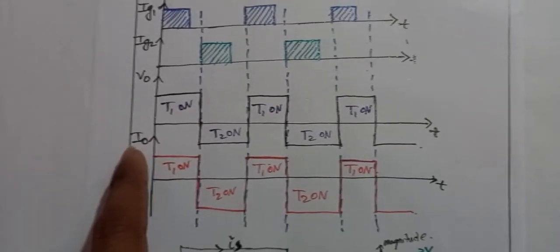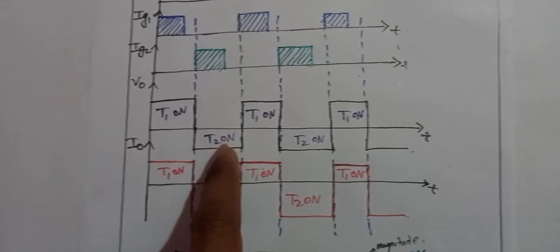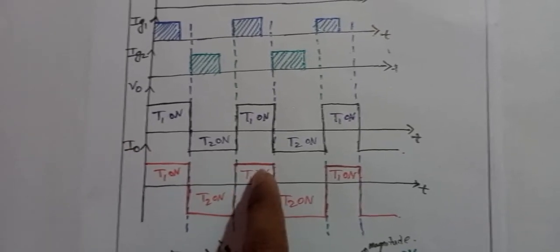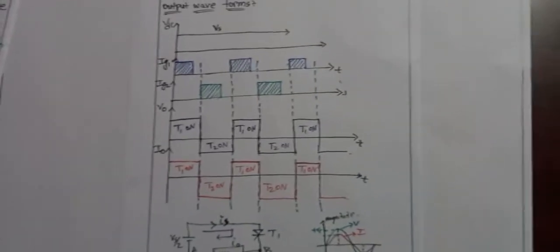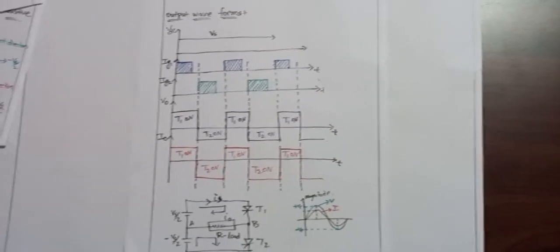So when T1 is on we get the maximum current for the positive half cycle, and when T2 is on we get a negative peak amplitude of the current. Alternately, T1 on gives a positive peak amplitude of the current, and T2 on gives a negative peak amplitude of the current. So this is the waveform for the purely resistive load condition, simply.